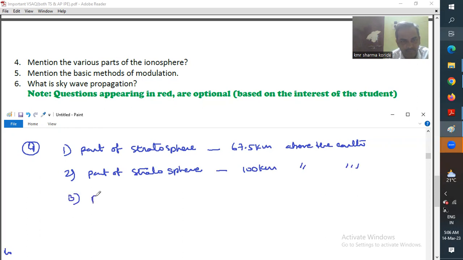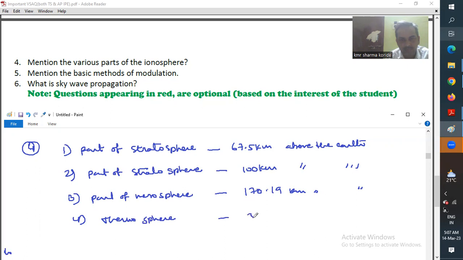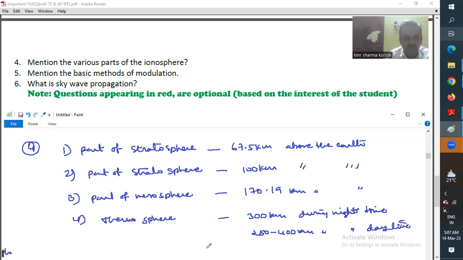Third is part of the mesosphere, with a range of 170.19 kilometers above the earth. And last, the thermosphere, at 300 kilometers range during night time and 250 to 400 kilometers during daytime.